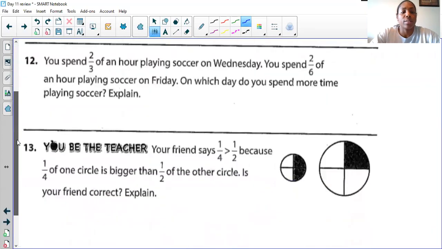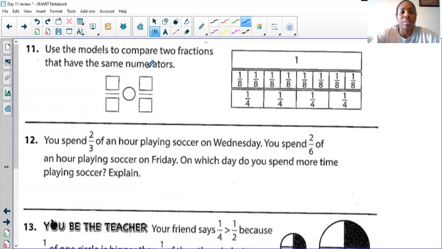All right, so we're going to answer questions 11 through 13. Use the models to compare the two fractions that have the same numerators. So if they have the same numerators, that means we can create any model we want as long as it doesn't go past 4. So I'm going to go ahead and just do 3/8 and 3/4.